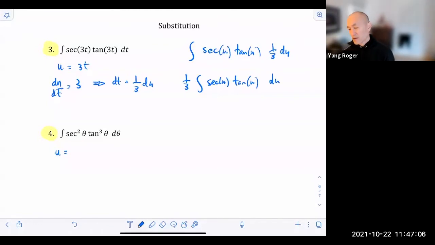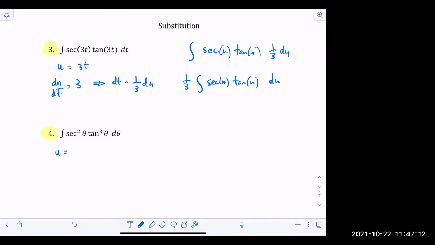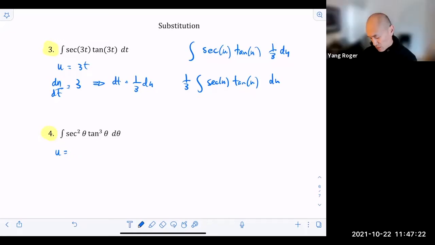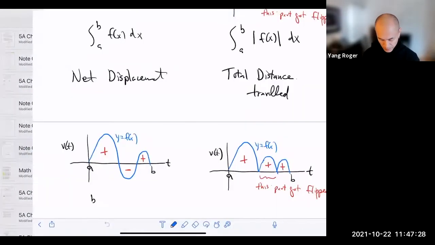Is there any questions about this so far? Professor, yes. I don't know when I should pull out something like the 1/3. When can we know we should pull it out? If it's a constant, so a constant times your integral, you can always factor it out. Let me show you.